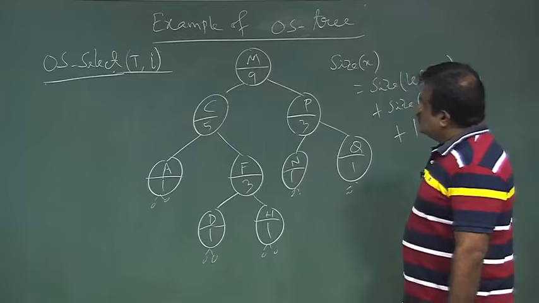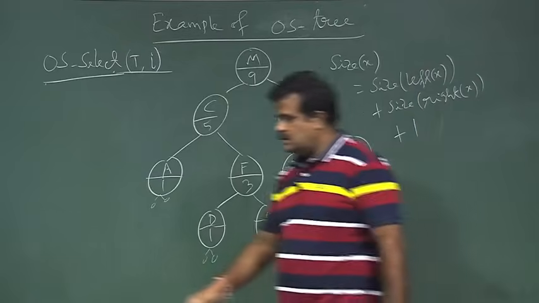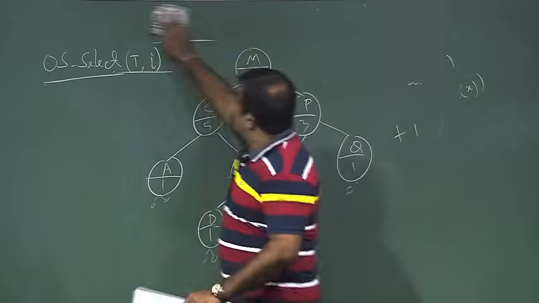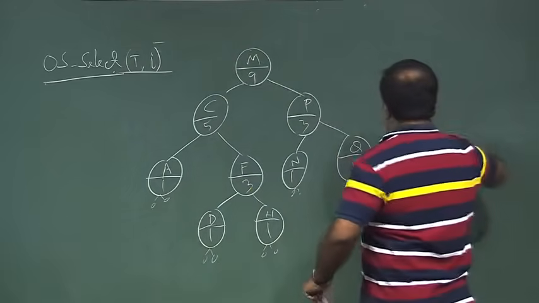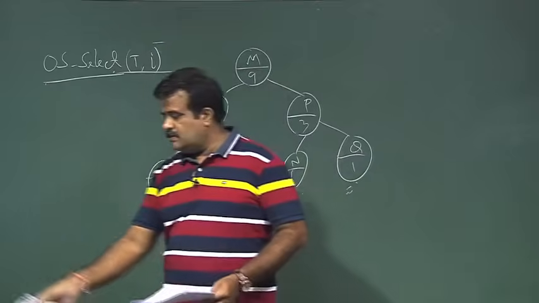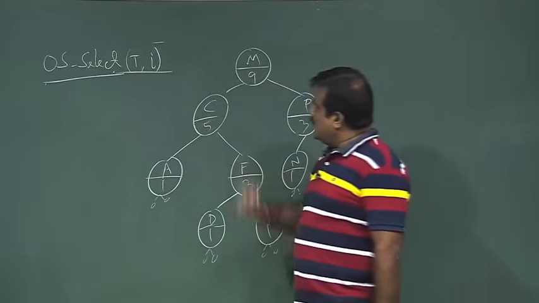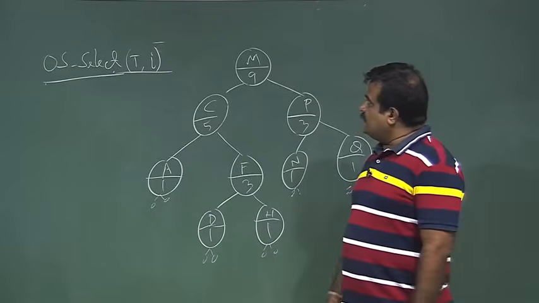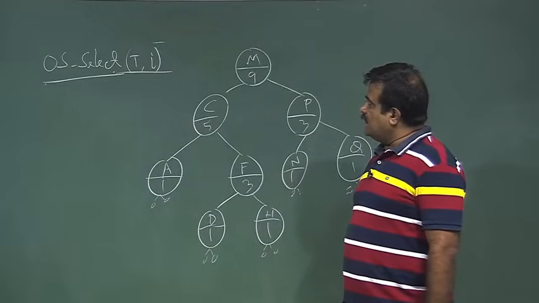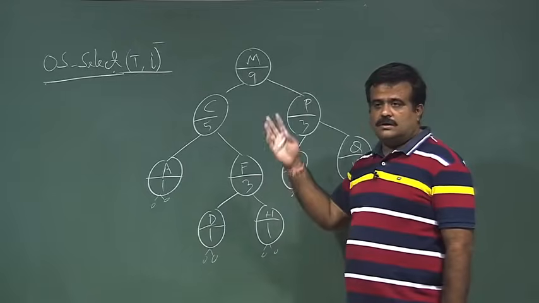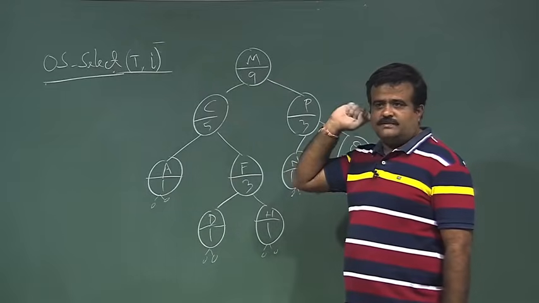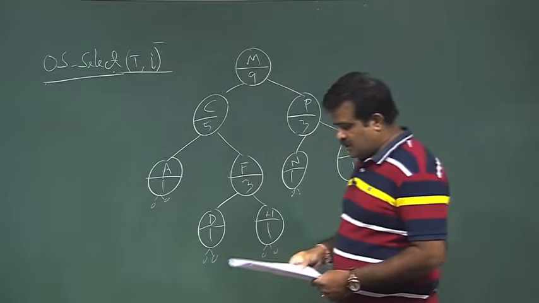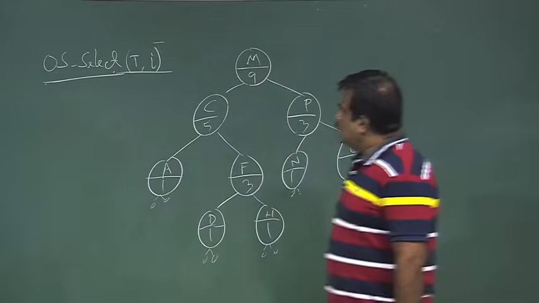Okay. So, suppose this is the red black tree and this is the x. Now we want to find the ith smallest element, that is called OS select. Order statistics, but here on a dynamic set. So, the ith smallest element. So, what do we do?